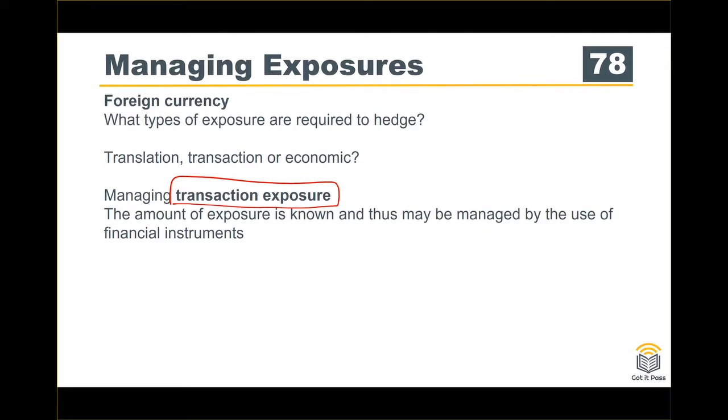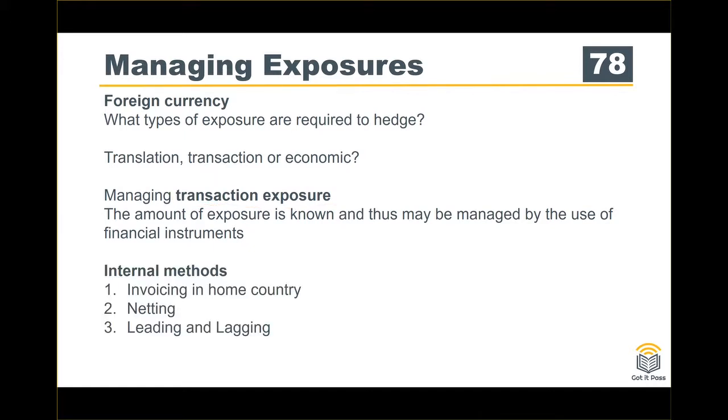Because we know these two variables beforehand, we can manage this exposure. And we have three different methods. We have external and internal methods, and here we are talking about some internal methods.